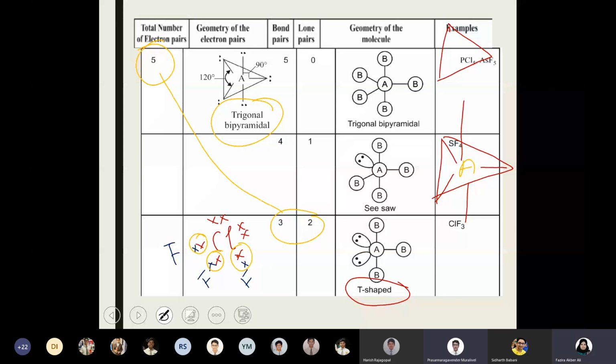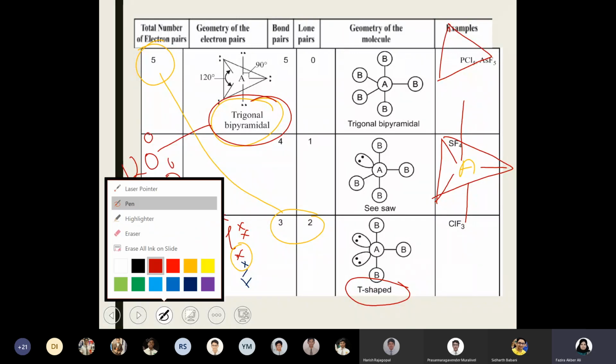Very good. In such cases where you are confused about which line of bonding to remove for the lone pair, think about the repulsion order. We know that lone pair repulsions are stronger, so lone pairs should be given priority for their orientation. In trigonal bipyramidal, the angles are 120-degree and 90-degree.